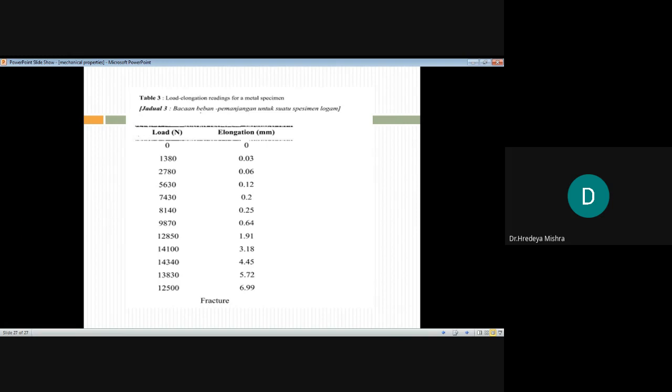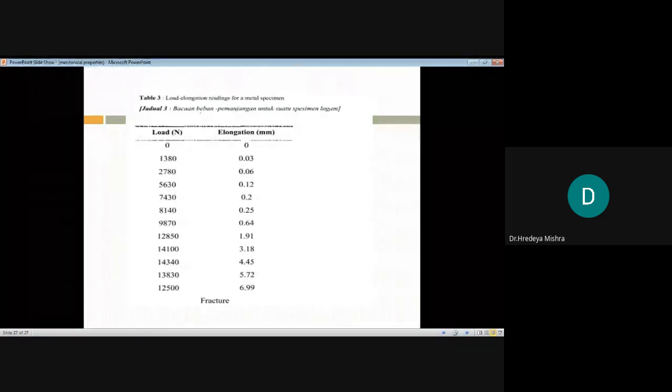So the application, yeah. So that we have to draw the graph with the help of a scale. Okay. The scale is here.